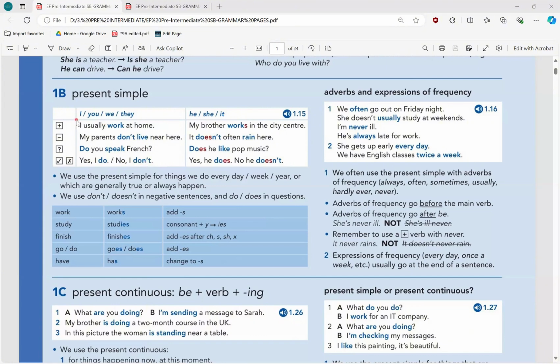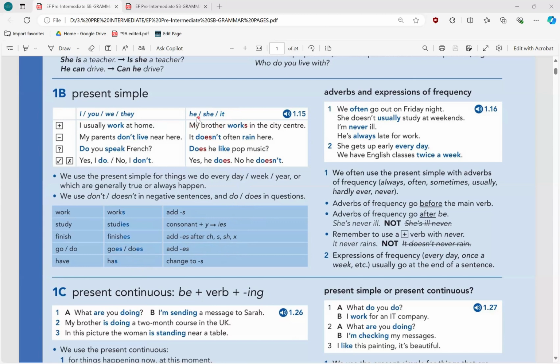Okay, so this is for I, you, we, they. Now, what about he, she, it? In present simple, when the subject is he, she or it, there is a little change. And what is that change? For the positive sentence, we add s or es to the verb, like he works, she works, it works.